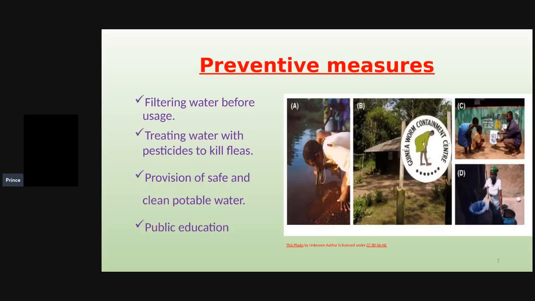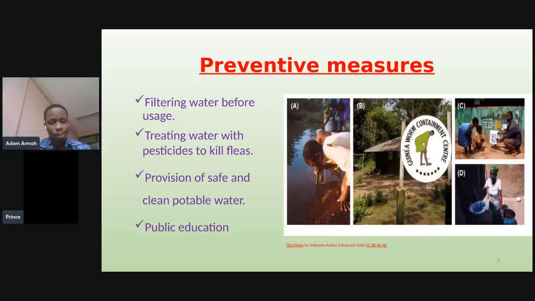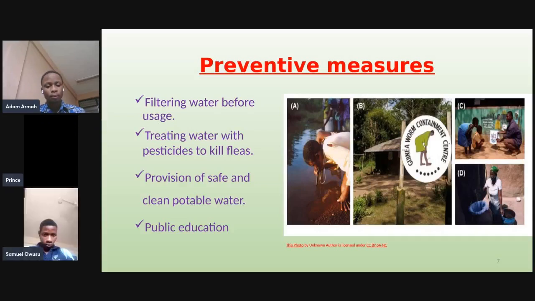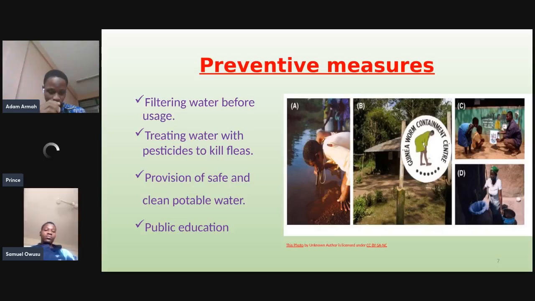Where piped water is unavailable, water should be boiled or treated with chemical disinfectants like chlorine. Treating the water with chemicals and having access to clean water stops the life cycle of the larvae. It prevents the spread.